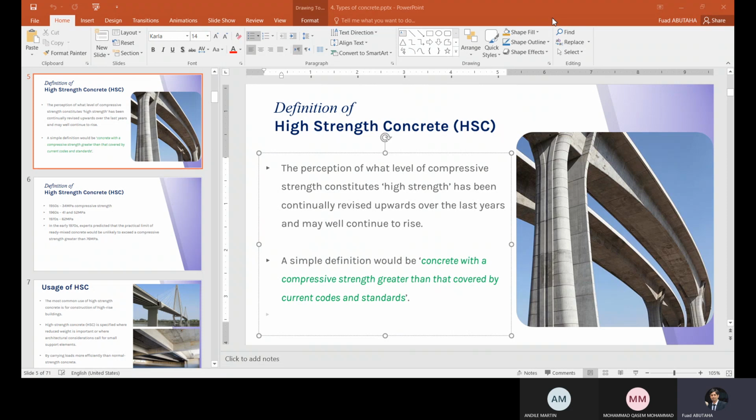So based on your understanding, I give you a scenario: we have a mix design here and we don't need to change the water contents in the concrete. The water cement ratio is 0.4, and I have this cement content and this aggregate content, and the concrete is less workable.